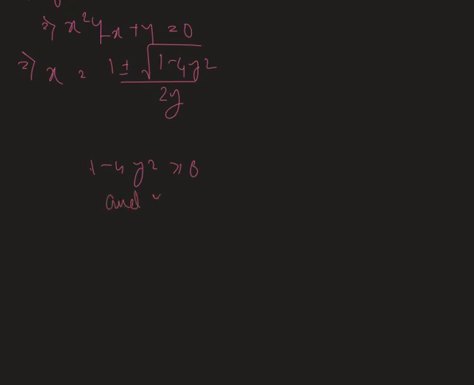And y is not equal to 0. This implies that y is in between minus half and half, and y is not equal to 0. And also y is equal to 0 for x equal to 0.